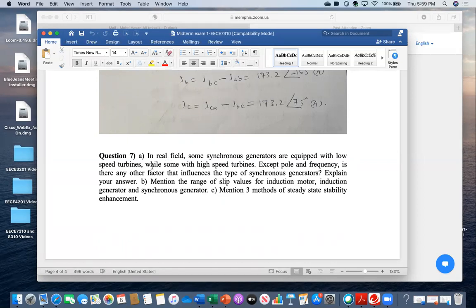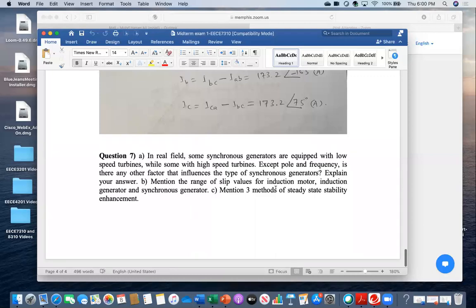So accordingly, you choose the salient pole machine. On the other hand, if coal or gas is available, then naturally gas turbines, oil turbines, steam turbines, and nuclear turbines exhibit high speed. So accordingly, you choose the non-salient pole type. So except pole and frequency, the other factor is the geographical location of the world.